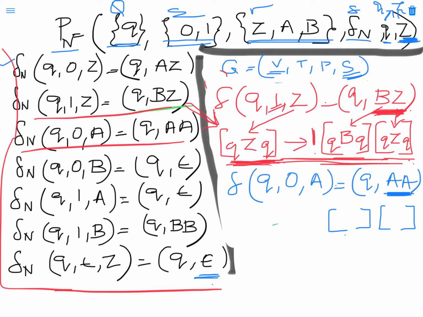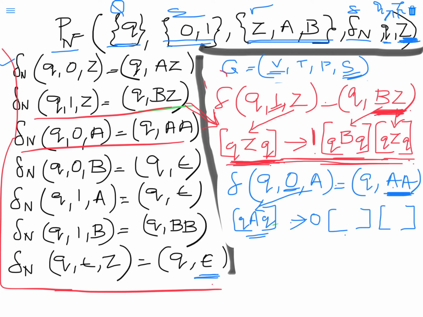And on the left a single non-terminal will be there, and non-terminals will be represented using square brackets. So now you have to name those non-terminals. What is the name of the left hand side non-terminal? You need to keep this A in the middle and name the states Q, left and right. Now here, since the input read is 0, the right hand side will start with the terminal 0, followed by two non-terminals.